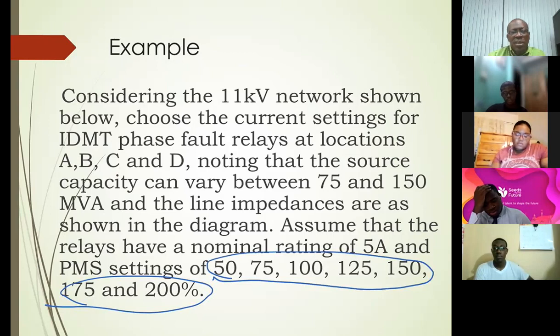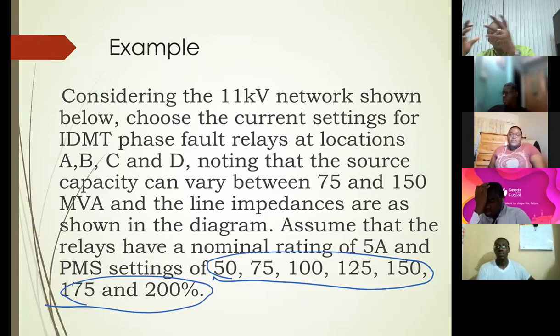So it is 50%, so it means that whatever the current is, it will be 0.5 of the current. Everybody with me? If it is 75%, it's 0.75. It's 200%, it's 2 times. So we're not changing what you already know in terms of your tap currents. So it's important that we understand that.